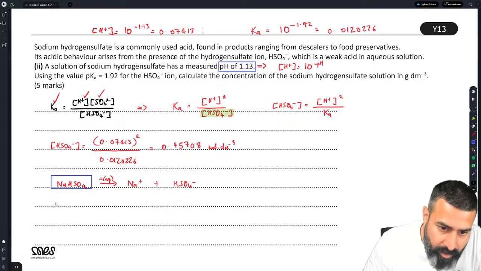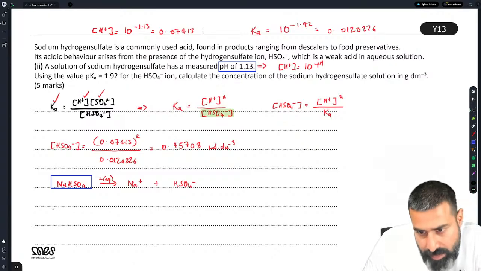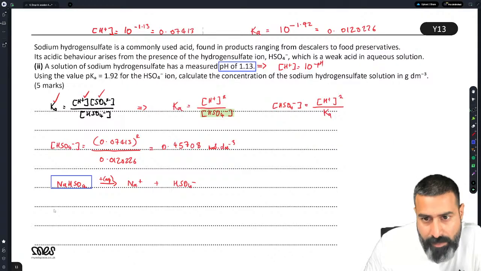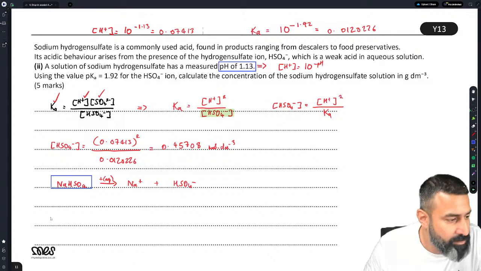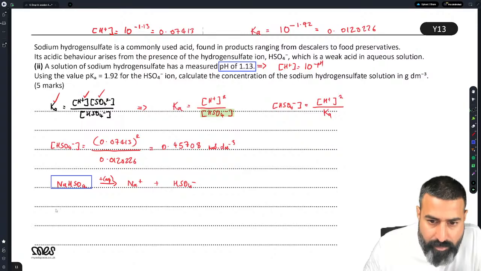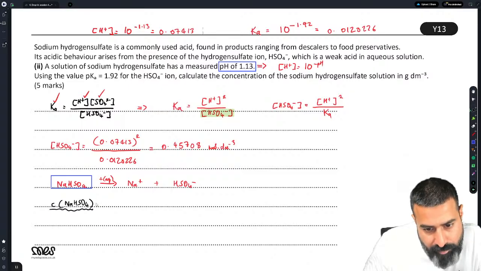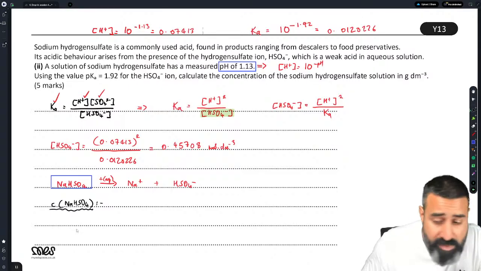So the concentration is going to be the same, and I want it in grams per decimeter cubed. So what do I do? How do I go from moles to mass? Times it by the Mr, absolutely.